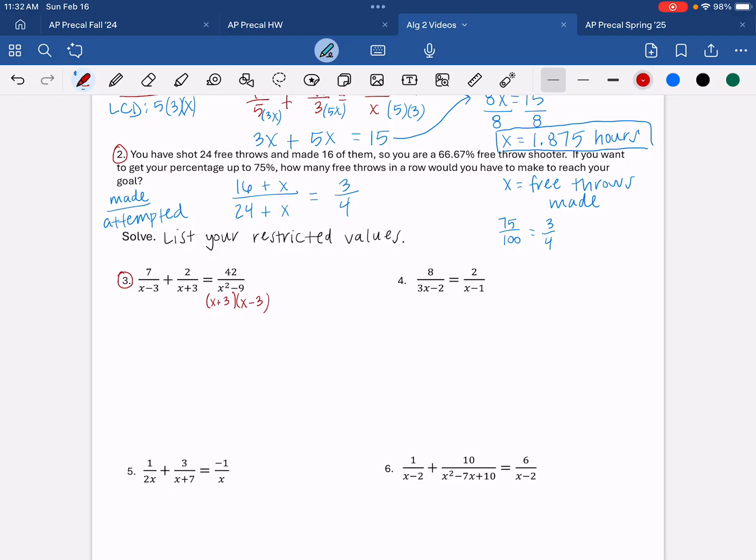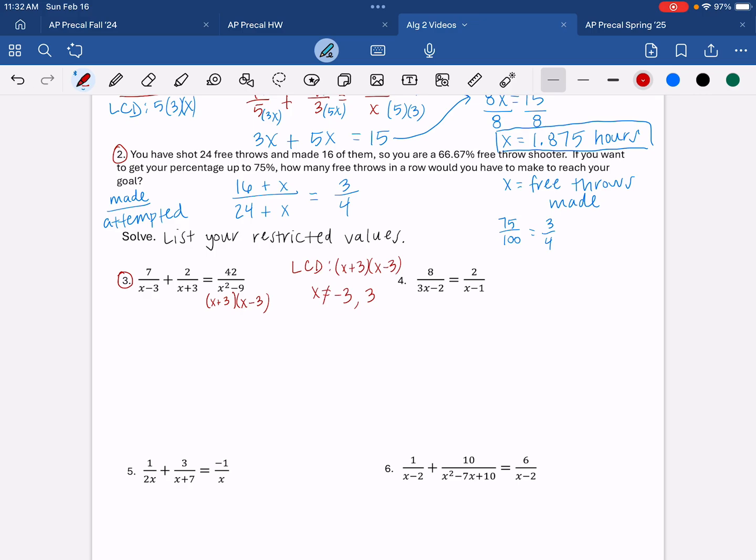And therefore we can see, oh, these fractions already have x plus 3 in common and an x minus 3. So our common denominator we need will be x plus 3 and x minus 3. And that's how I then know x cannot be negative 3 from the x plus 3 or positive 3 from the x minus 3.